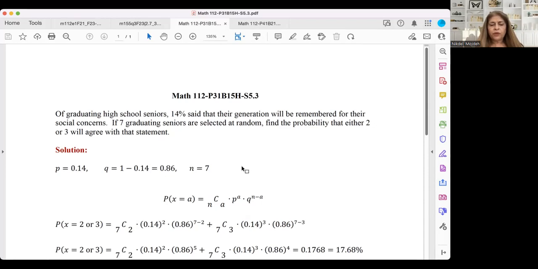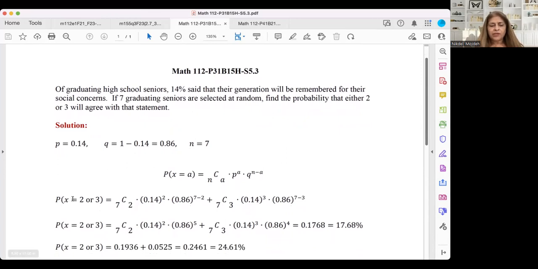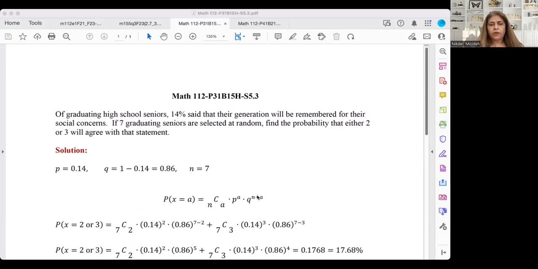Okay. Find the probability of either 2 or 3. So we are finding the probability of X equal to 2 or 3.